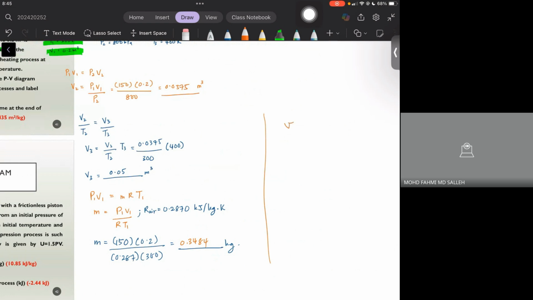Now, the specific volume at state 3 will be given by the volume at state 3 divided by the mass.